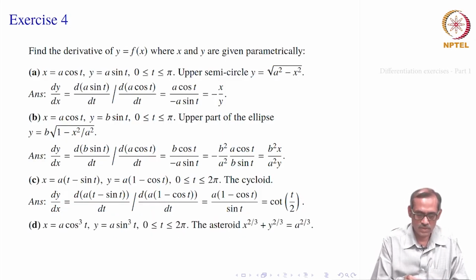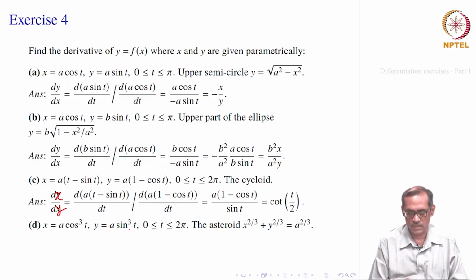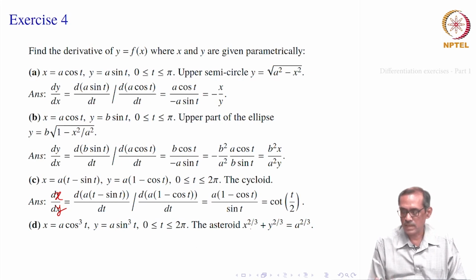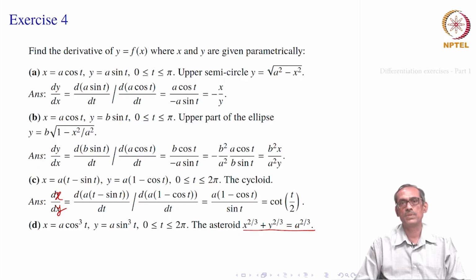The fourth one says that x is given as a cosine cubed t and y equal to a sin cubed t. Again t varies from 0 to 2 pi, this is called an asteroid. If you eliminate t from here, you would get the equation in this form, x to the power 2 by 3 plus y to the power 2 by 3 equal to a to the power 2 by 3.